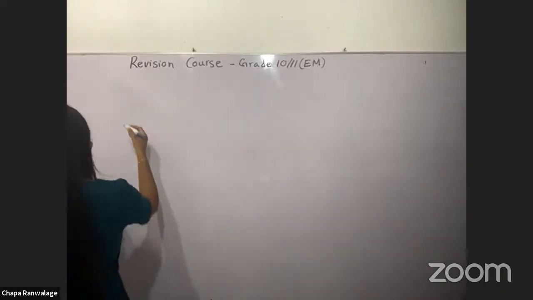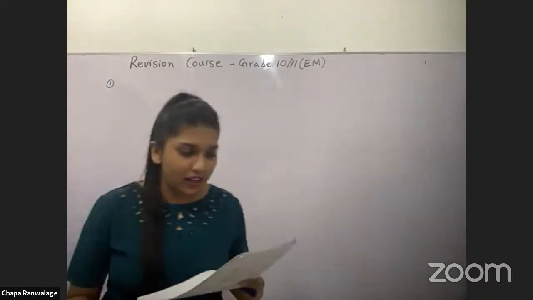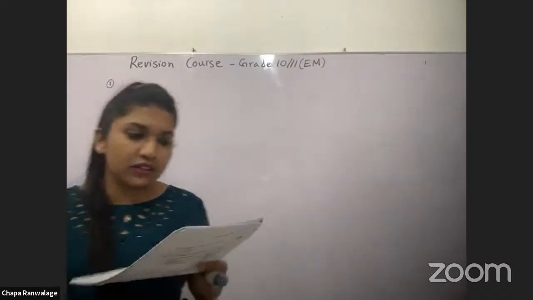First one. The rectangle is, children, PQRS.